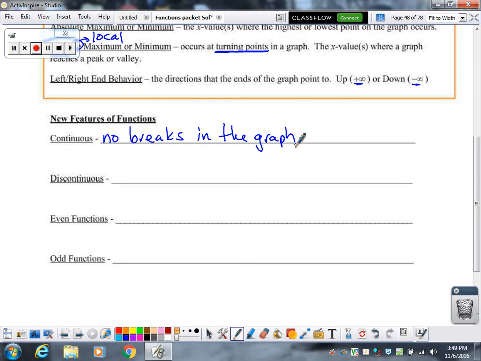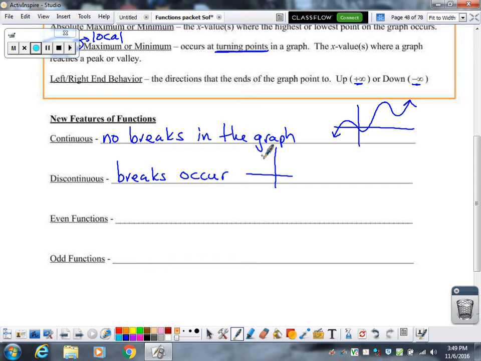So an example would be something that looks like this. That's a continuous graph. It doesn't have any breaks. You don't have to lift your pencil up from the paper to graph it. If a graph does have a break, it is called discontinuous. You've seen these already in Algebra 1.